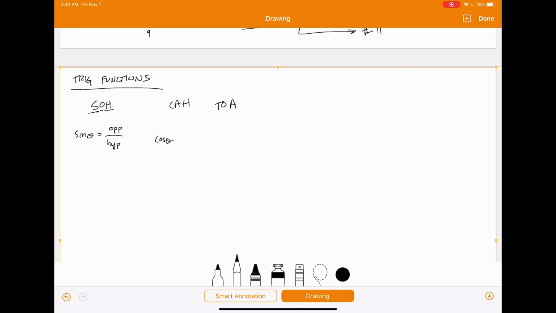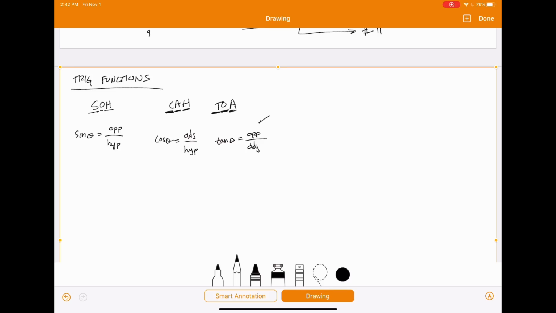Cosine theta equals adjacent over hypotenuse. And tangent theta equals opposite over adjacent.